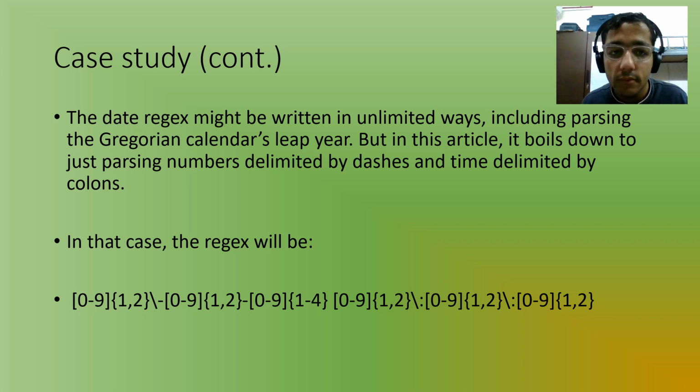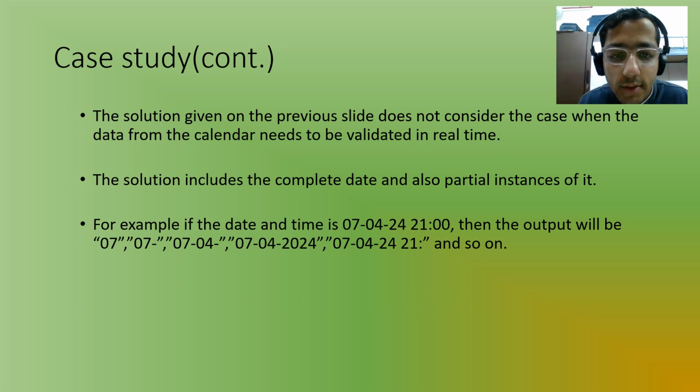That's it. So on this slide we have discussed why the previously generated regex will not give the correct output that we want. Why will it not give the correct output? Because it will also generate partial instances of the strings.